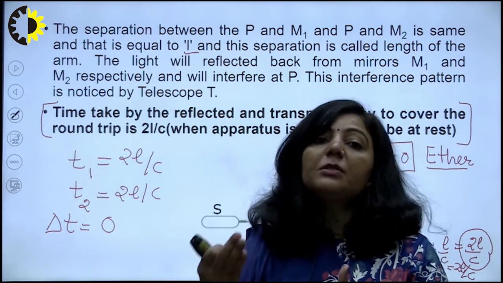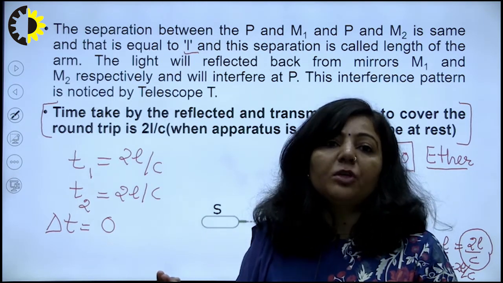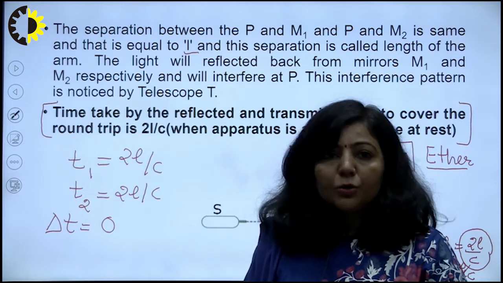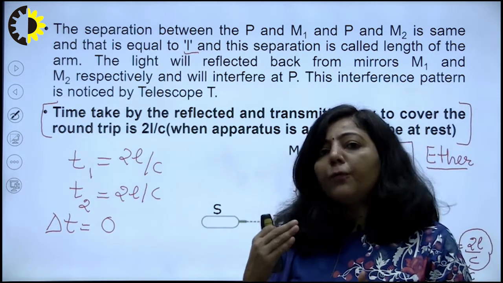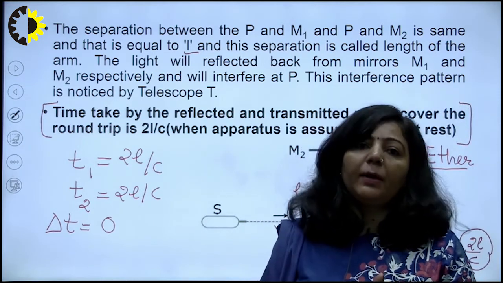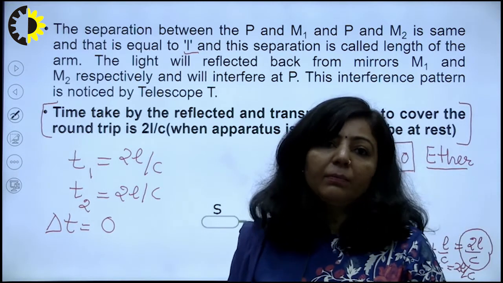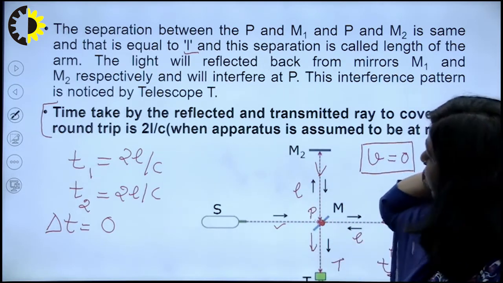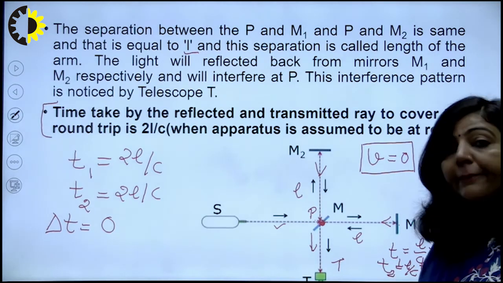Now, with respect to this reference position, we want to find the shift in the interference pattern when the apparatus is somewhere at the surface of Earth. If there is any relative motion between Earth and ether, you will find a change in the position of the interference pattern. And if there is no medium like ether, you will not find any change in the position of the interference pattern. So this was your case number 1. I hope case number 1 is clear.